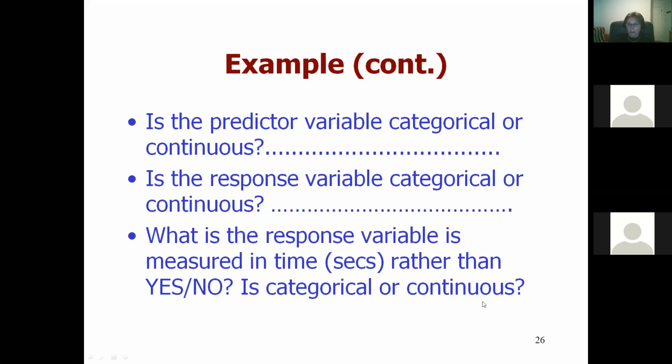That is, I will have my iWatch, my iPhone with me, and I will be surreptitiously measuring how long it takes my participant to cross the legs. So I'll be looking only at those people who cross their legs within 2 minutes. So now my sample is a little different. What kind of response variable is it now?